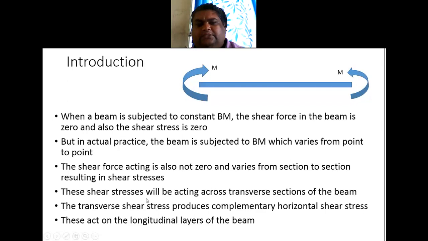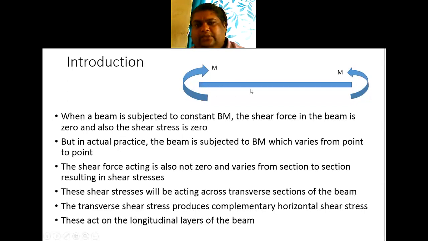This shear stress will be acting across the transverse section of the beam. Transverse means perpendicular sections, right? So perpendicular sections or transverse sections of the beam. The transverse shear stress produces complementary horizontal shear forces, right?